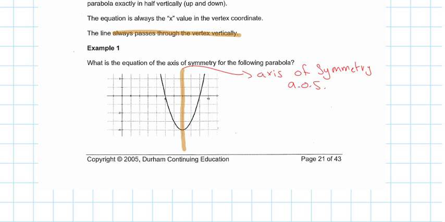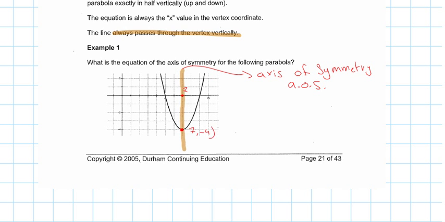So what value of x does it pass through here? x equals 7, yes? So if you look here, that point right here is 7, right? My vertex here is (7, -4), yes? So my axis of symmetry is x equals 7. So when the question is asking you to write an equation of the axis of symmetry, you're going to write x equals the value of x that it passes through.